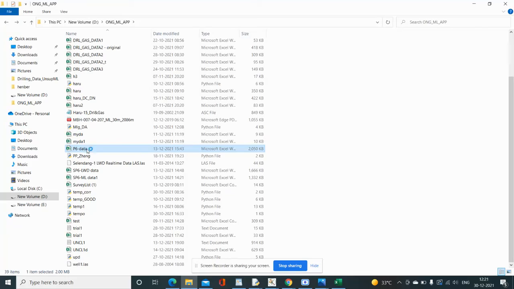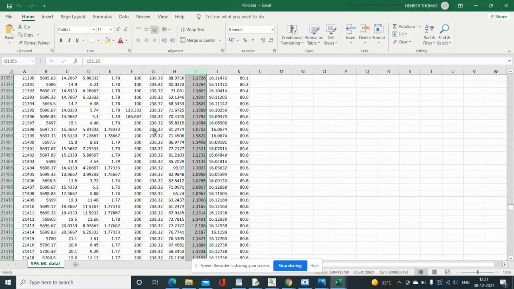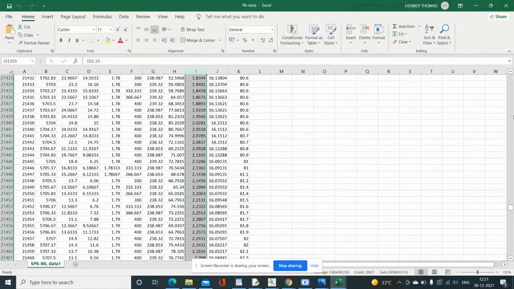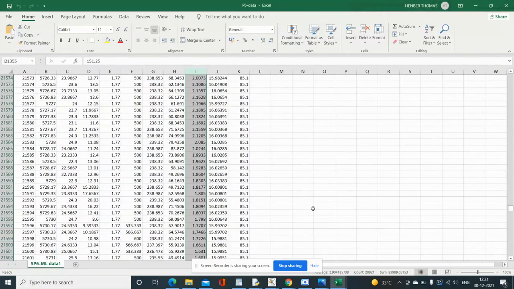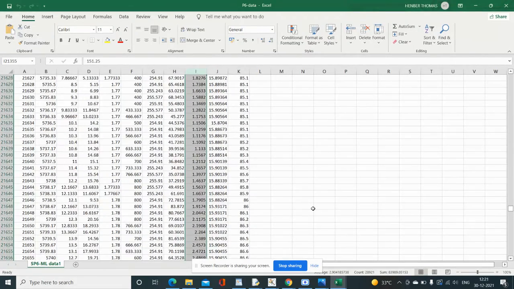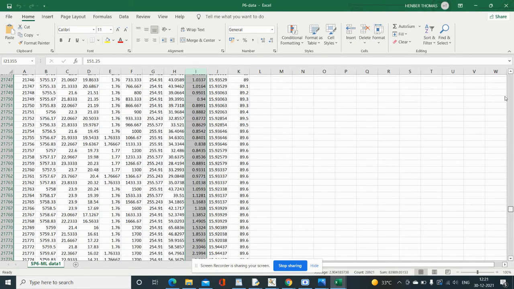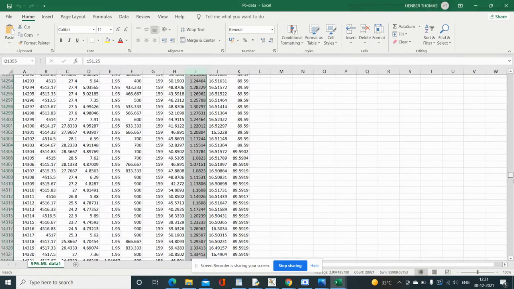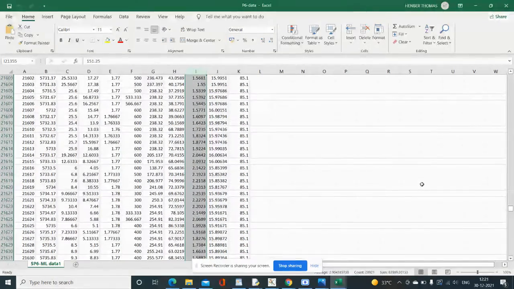So here is the P6 data. Okay, here we can see that, see here.